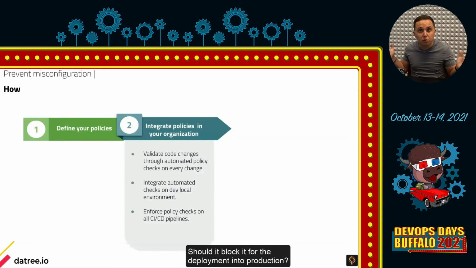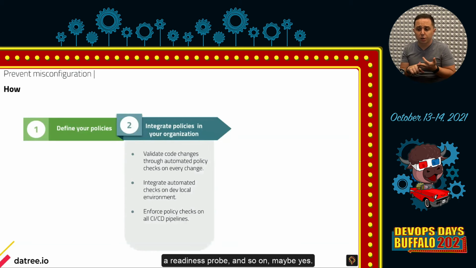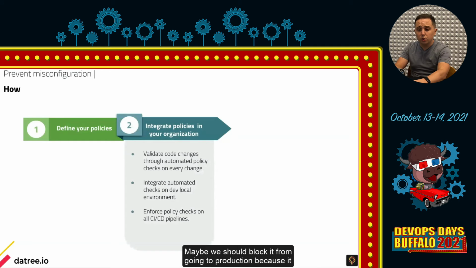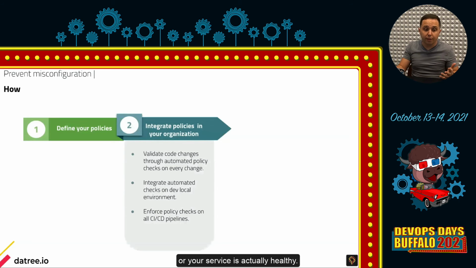Should it block deployment into production? I don't know. You decide. But maybe if you do not have a health check in place in your Dockerfile, or you do not have a liveness probe or readiness probe and so on, maybe yes, maybe we should block it from going to production, because it is a serious problem, because we're not going to be able to make sure and identify that your process or your service is actually healthy.